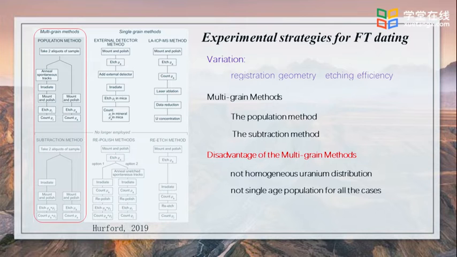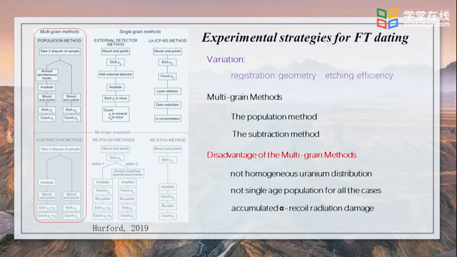Multi-grain approaches also assume a single-age population, which is properly true for rapidly cooled volcanics, but invalid for samples with multi-age populations. Further, laboratory annealing can remove accumulated alpha recoil radiation damage in the crystal lattice, resulting from uranium and thorium decay.